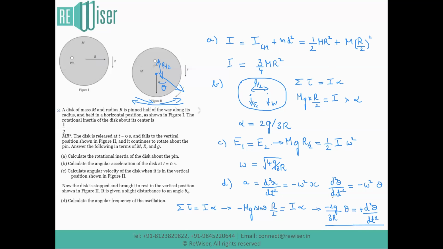Equating this expression to the standard expression above, we get the value of omega squared, or in fact omega, to be equal to the square root of 2 times g divided by 3R. So here we have the final value of omega.